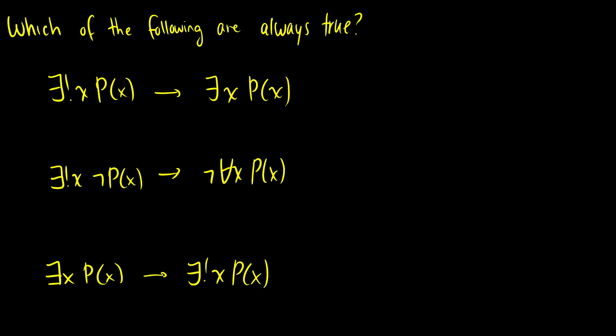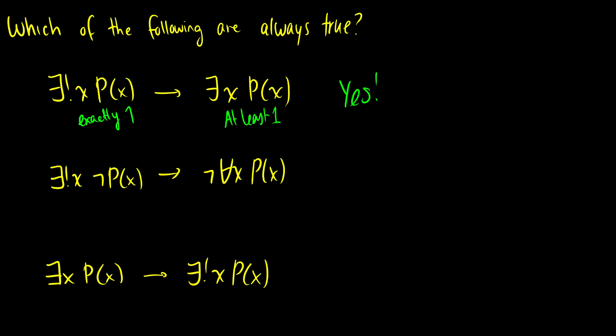So, if there's a unique x such that p of x, does it follow that there exists an x such that p of x? Okay, well, this one says exactly 1, and this one says at least 1. So if there's exactly 1, is there at least 1? And the answer is yes, of course. So the first one, if there exists a unique x such that p of x, then of course there exists an x such that p of x.